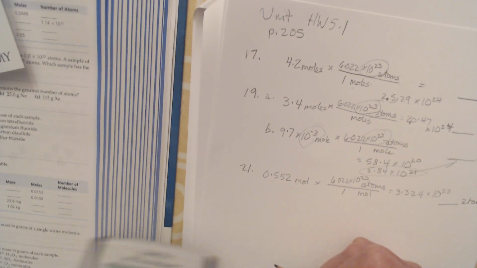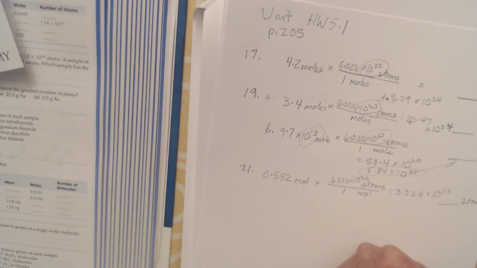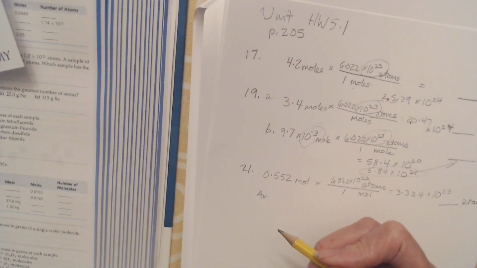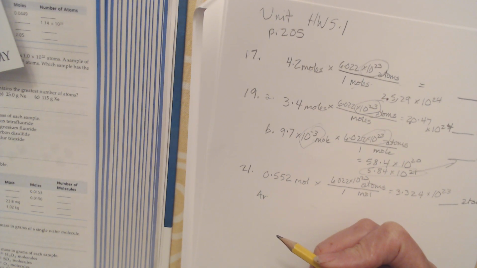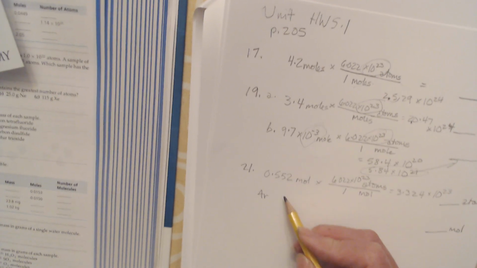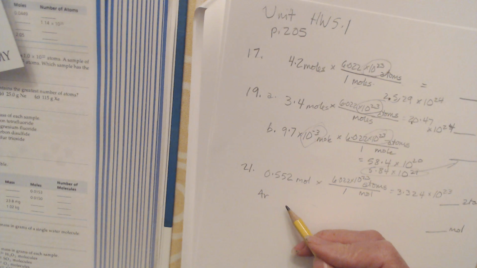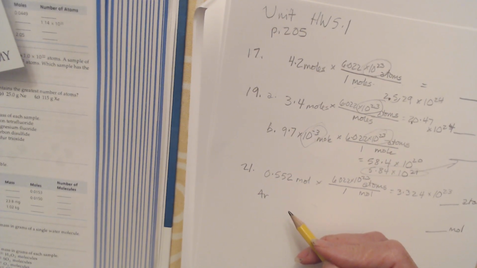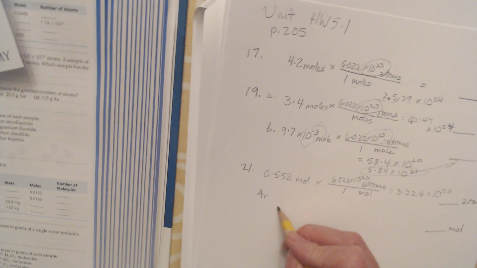Now let's go and do argon. Now this is a reverse. I'm not looking for a number of atoms, I'm looking for a number of moles. So I'm going to say blank mole. Here, and my starting point is 3.25 times 10 to the 24th.